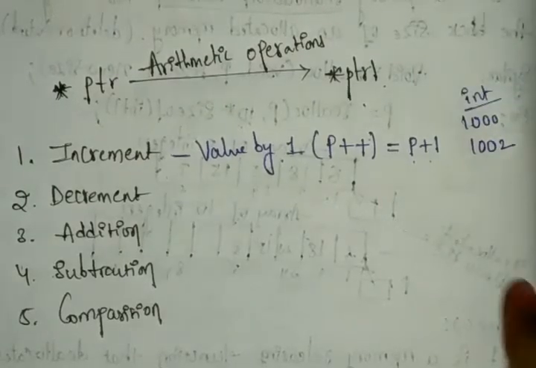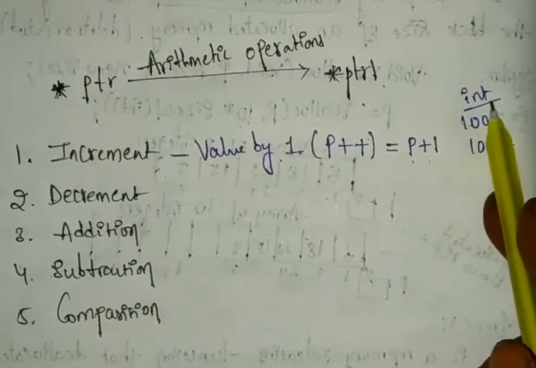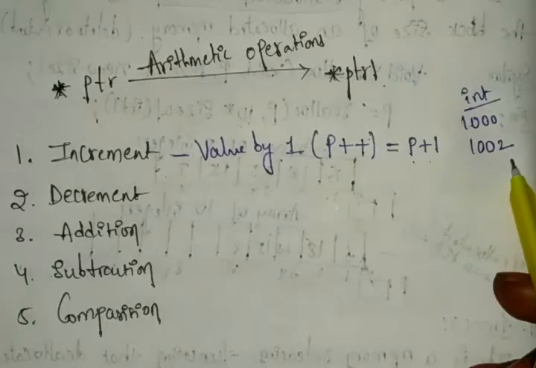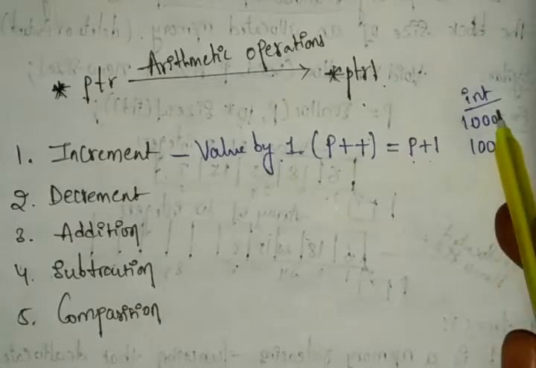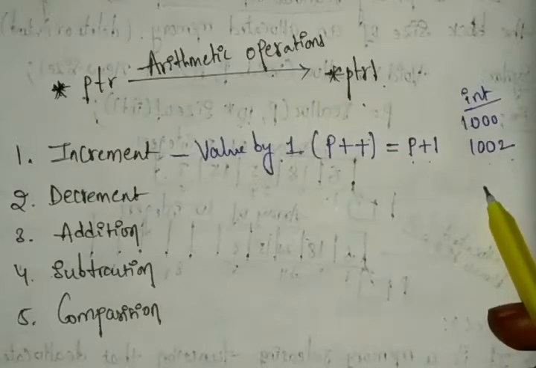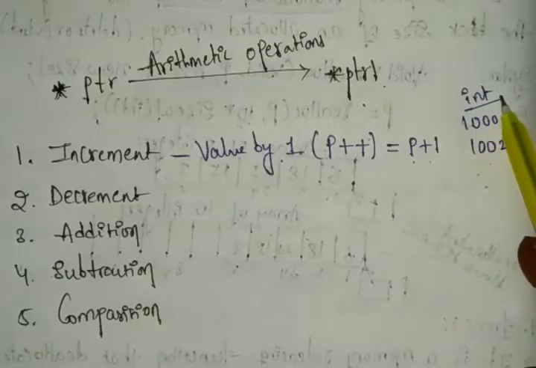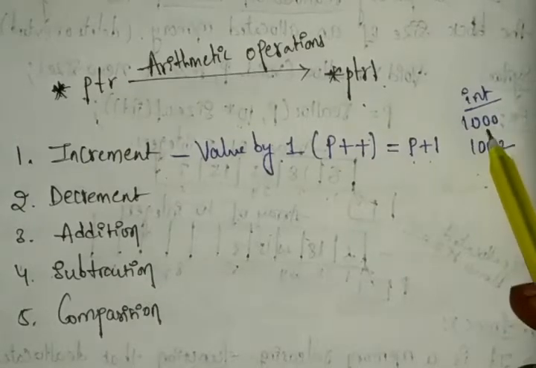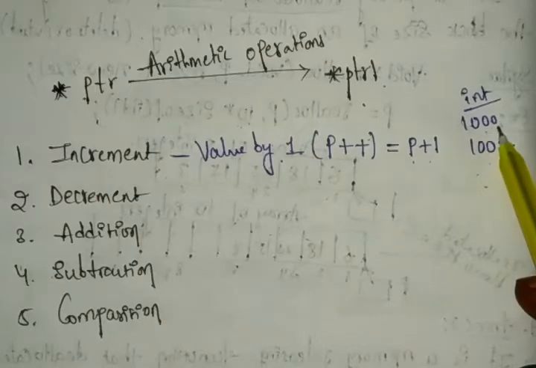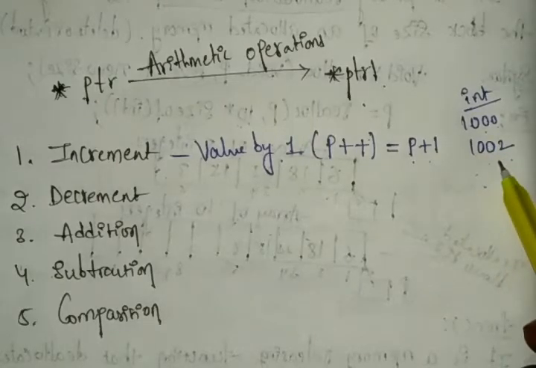If you're taking a float, the value comes to 1004, like float has 4 bytes of memory. By that we can perform our increment. So in the integer it has 2 bytes of memory. If the pointer has the address 1000, the value will be incremented to 1002.